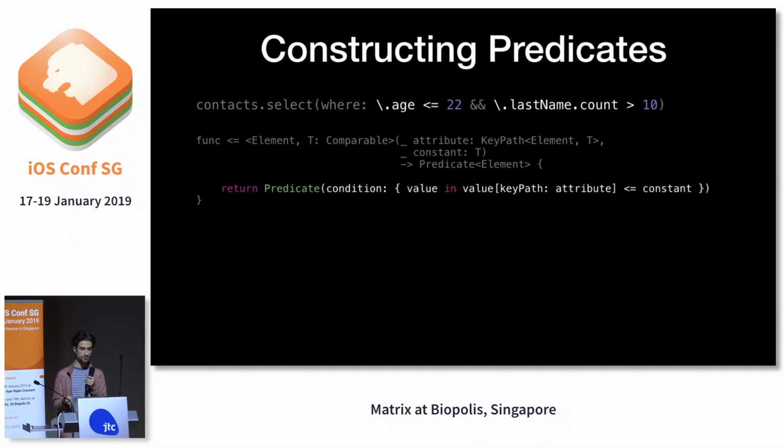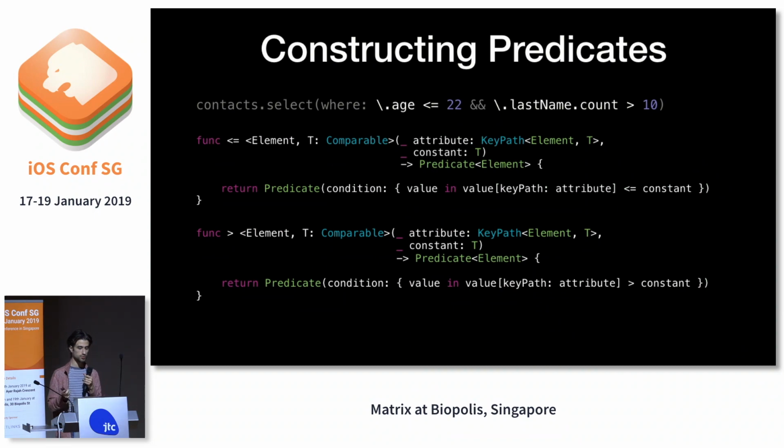If you want to build predicates for other operators, for instance, in the second example, the greater than operator, you just implement the appropriate operator, and the idea is exactly the same. It's just the operator that you use in the condition that you pass to the predicate initializer that's going to change. And with this, you are able to build atomic predicates.